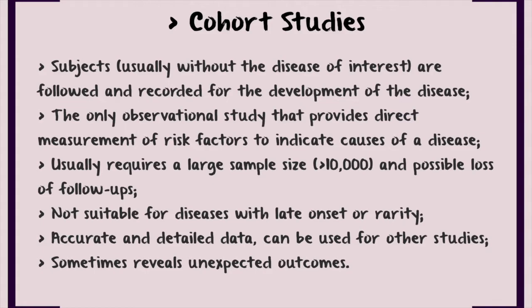Hence, it is not a suitable study design for diseases with late onset or rarity. On the other hand, the data collected from cohort studies tends to be accurate and detailed, therefore can be used for other interests of research. Given the organic nature of the study, sometimes unexpected outcomes can be revealed from following the cohorts.